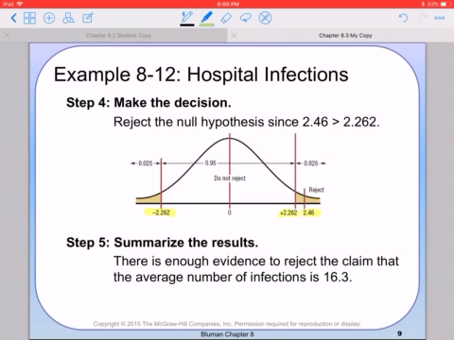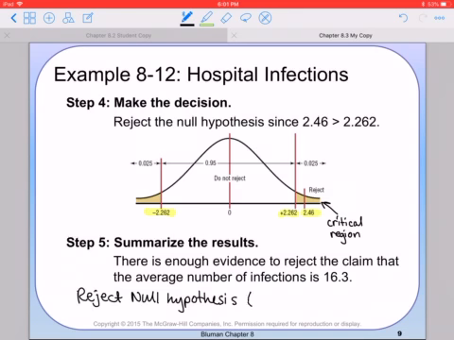And so you see that the 2.46 is bigger than the 2.262, and so we're in the critical region. All right, so then we're going to reject the null hypothesis, which was the claim. So reject the claim, like our sentence says, that the average number of infections was 16.3. So there's enough evidence so that we can reject it.